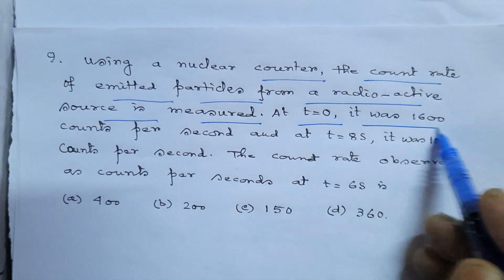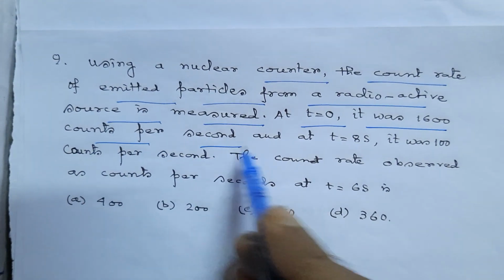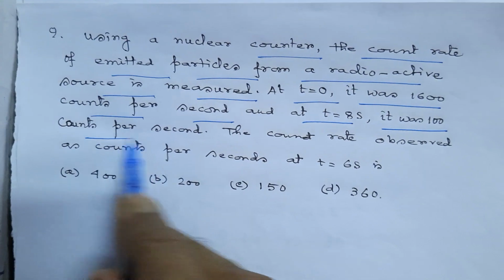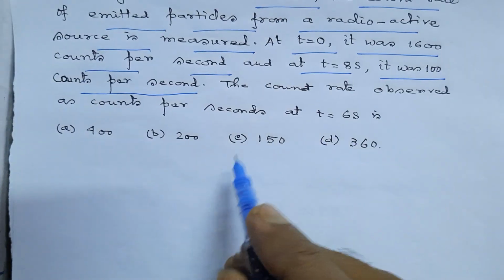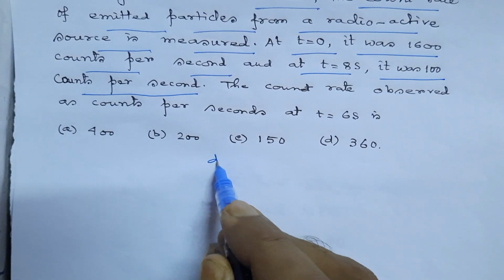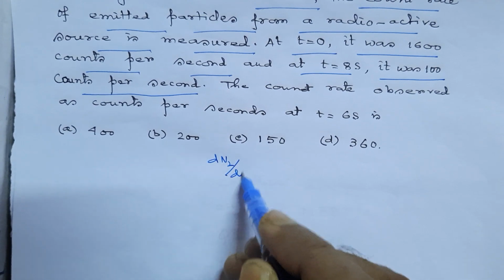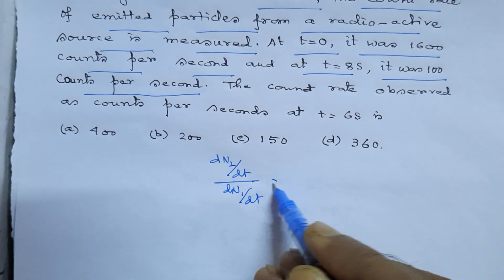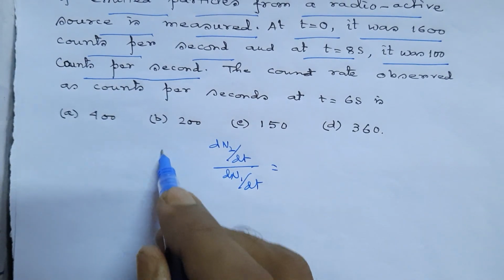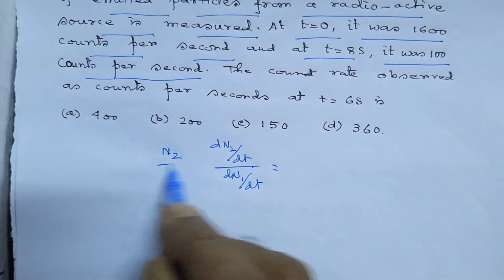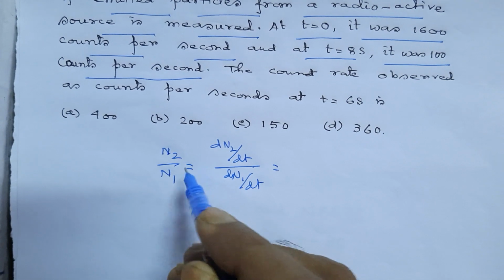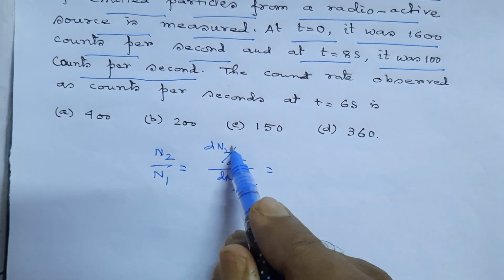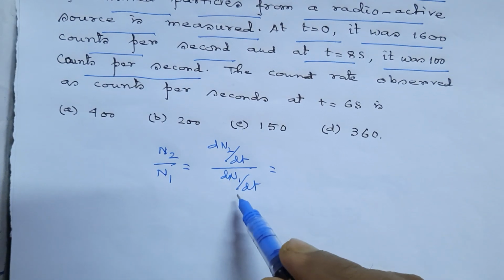At t equals 0, it was 1600 counts per second, and at t equals 8 seconds, it was 100 counts per second. So, the ratio dN2 by dt over dN1 by dt, the rate of activity ratio, is proportional to N2 by N1.